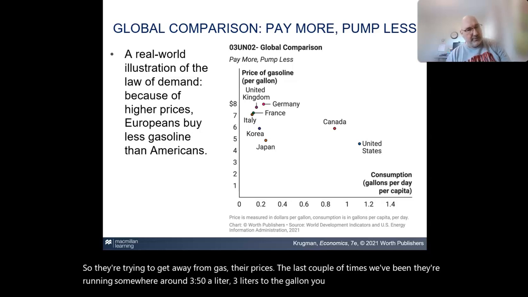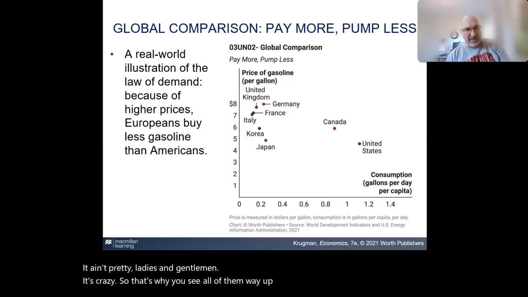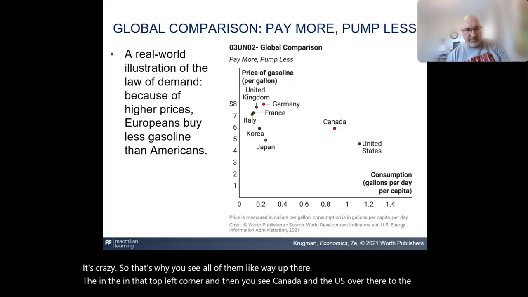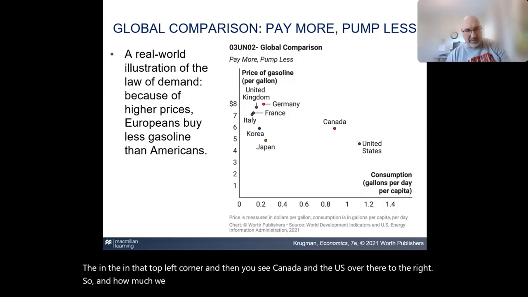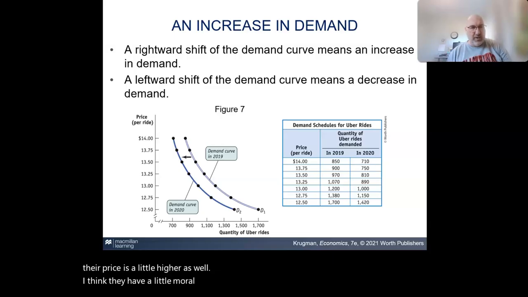You do the math. It ain't pretty, ladies and gentlemen. It's crazy. So that's why you see all of them way up there in that top left corner, and then you see Canada and the U.S. over there to the right, and how much we consume per day. Canadians don't quite consume as much as we do, but their price is a little higher as well. I think they have a little more tax than we do.